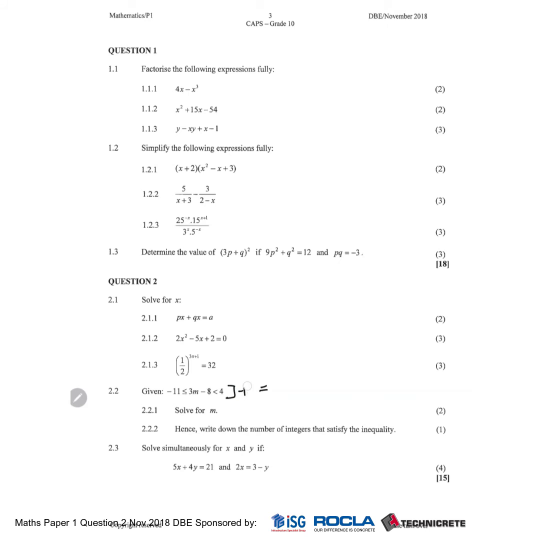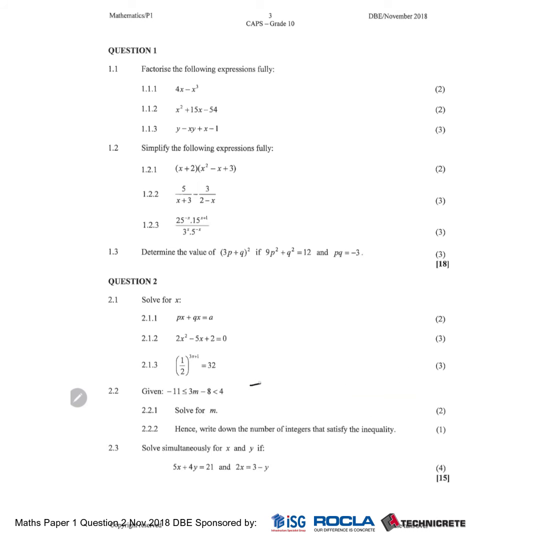So then it becomes minus 11 is equal to 3m minus 8, which is equal to 4. That's basically the same thing, but we'll tidy it up a bit later. Now we're going to try and get the middle part, the 3m, by itself. So we have to get rid of the minus 8, which we can take to this side, but we also have to take it to that side.